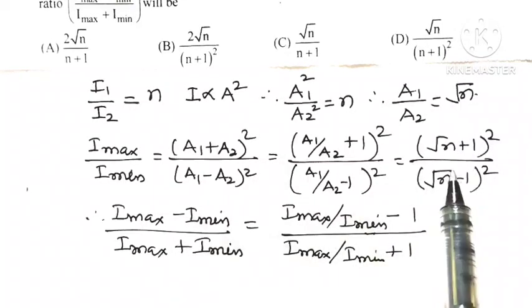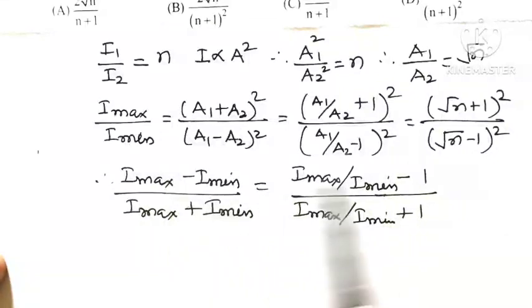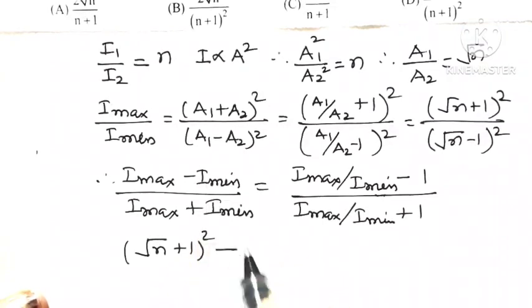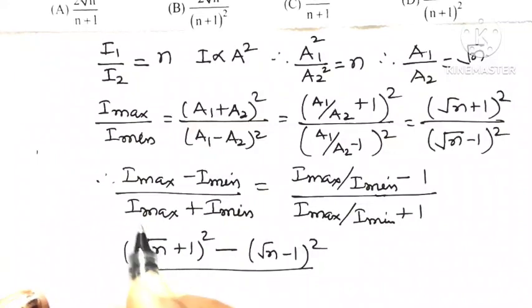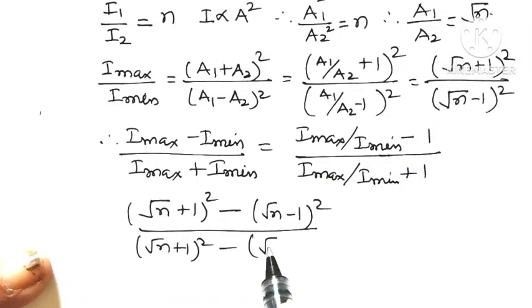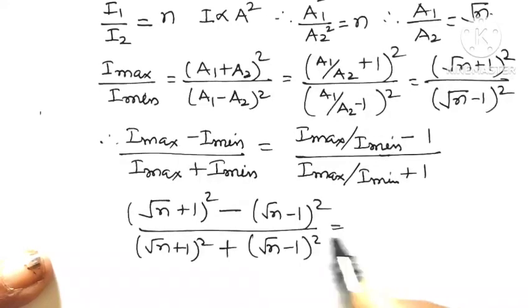You can put it even directly. In place of Imax you can write (root n plus 1) whole square, and I minimum is (root n minus 1) whole square, upon Imax plus I minimum, which is (root n plus 1) whole square plus (root n minus 1) whole square. Now simplify it.